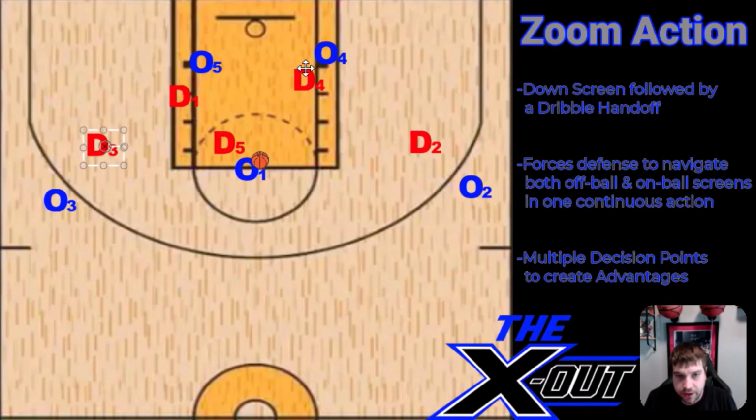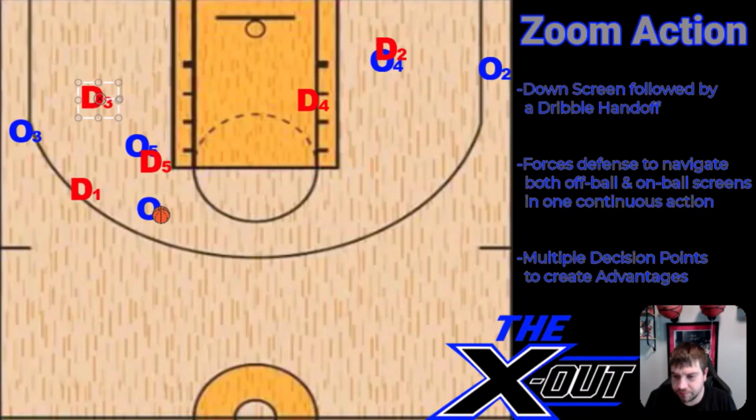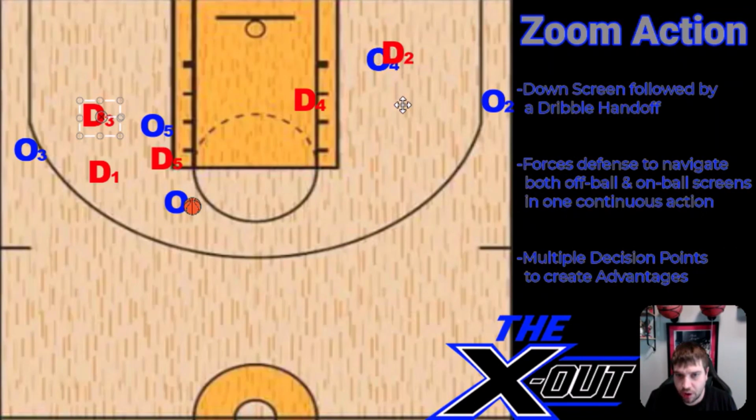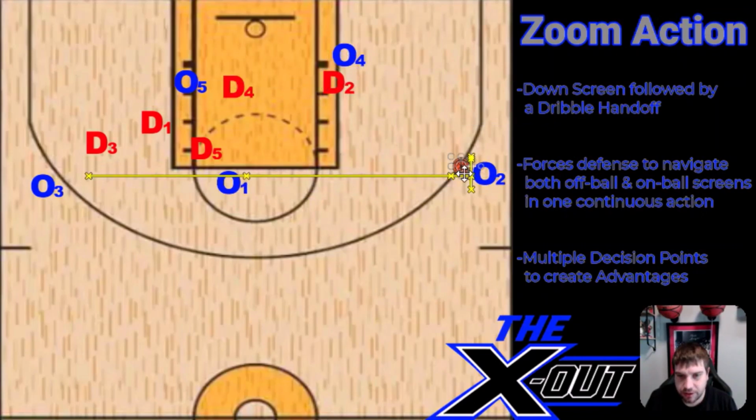Now, this defender over here didn't really pay attention to the backside stuff going on. If we back up, and this defender went over this screen here. So, if this defender slides over, then we have the pass here. If this defender decides to sink there to stop that pass, we have the pass here.